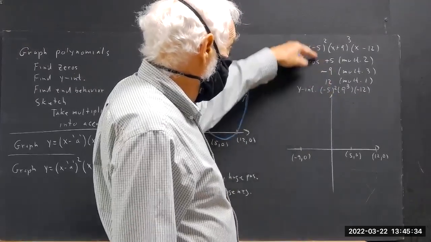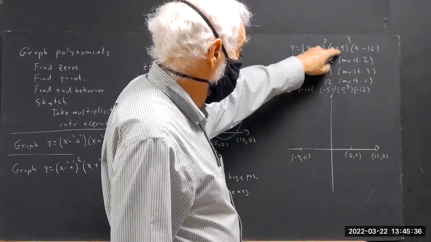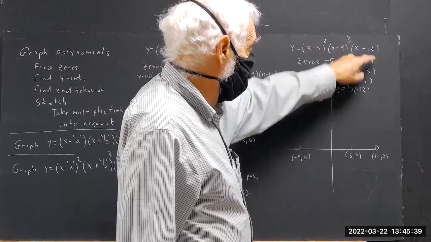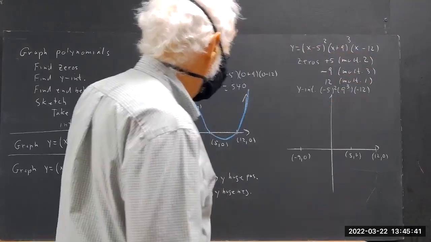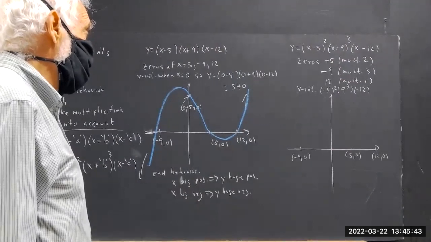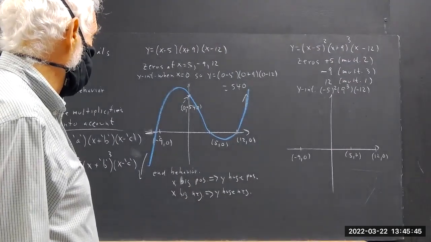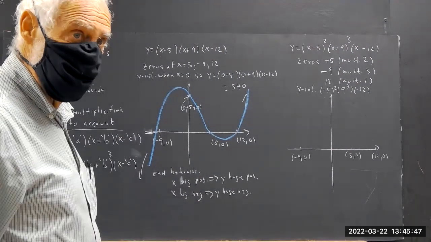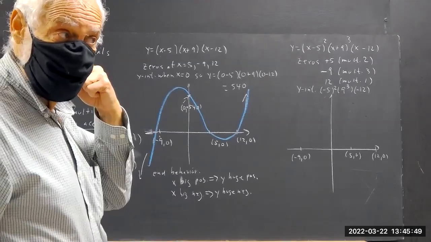x is 0, you're going to get negative 5 squared. If x is 0 here, you're going to get 9 cubed. And if this x is 0, you're going to get negative 12. Now let's see, 9 squared times 5 is 405. 405 times 540. Do that quick in your head. Okay.